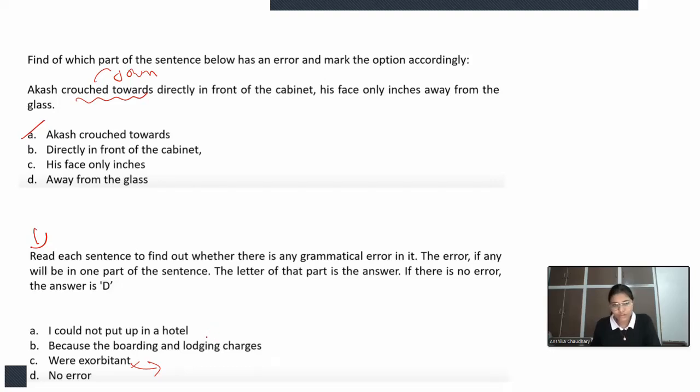I hope you are guessing right that the error lies in this part, "in a hotel". As a hotel is a particular location, we will use "at a hotel". "I could not put up at a hotel" will be the correct answer, not "in", because a hotel is a specific location, and for referencing a location, we use "at".